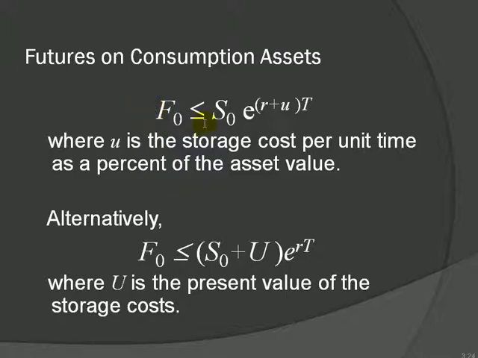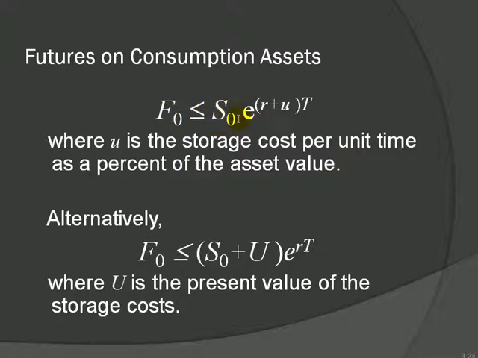Let me say it again. If this inequality holds, then in order to get rid of it, people have to buy this futures contract and simultaneously short sell the spot contract.